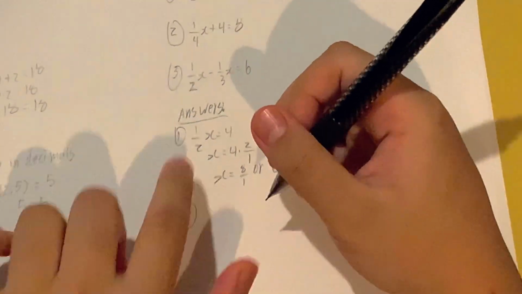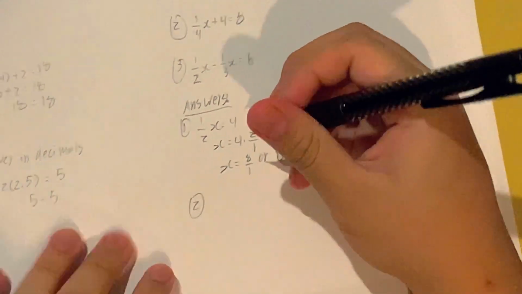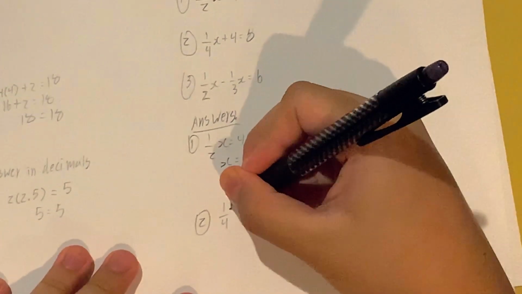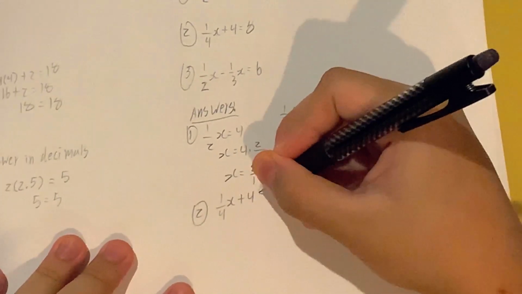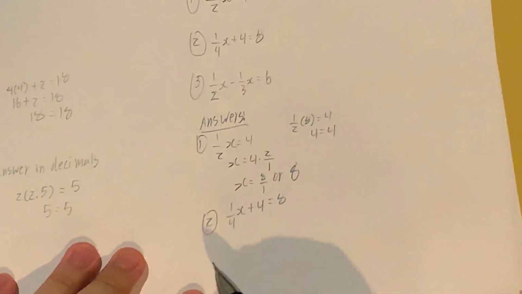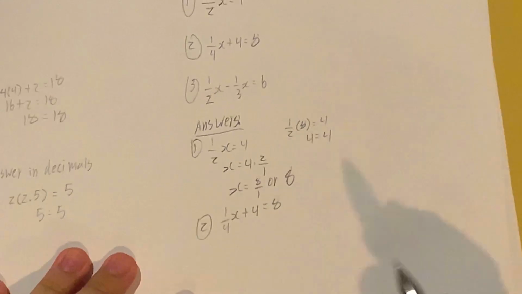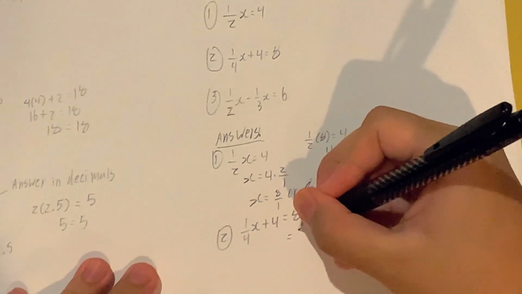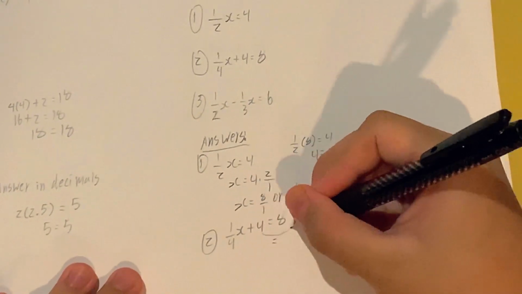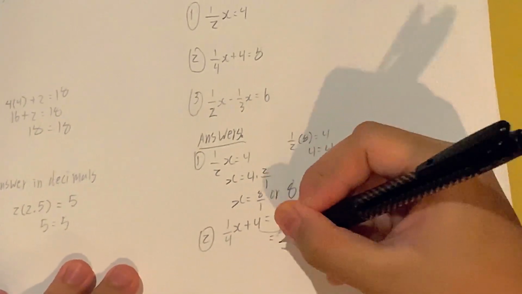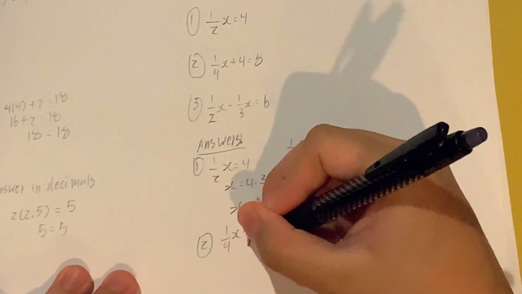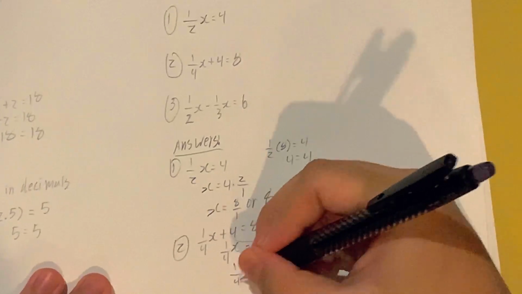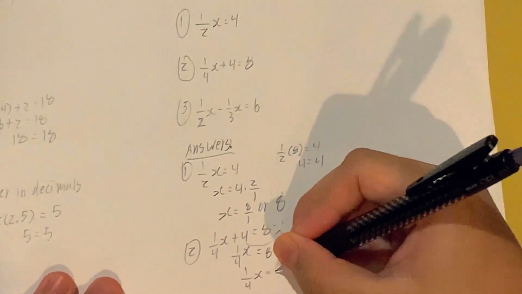Number 2 has a little bit of addition. It's like the medium problem. Okay, so 1 over 4 times x plus 4 equals 8. So in here it's, what's 1 over 4 times a number plus 4 equals 8. So you move 4 over here, and it becomes minus 4. So it's 8 minus 4, 1 over 4x equals 4.